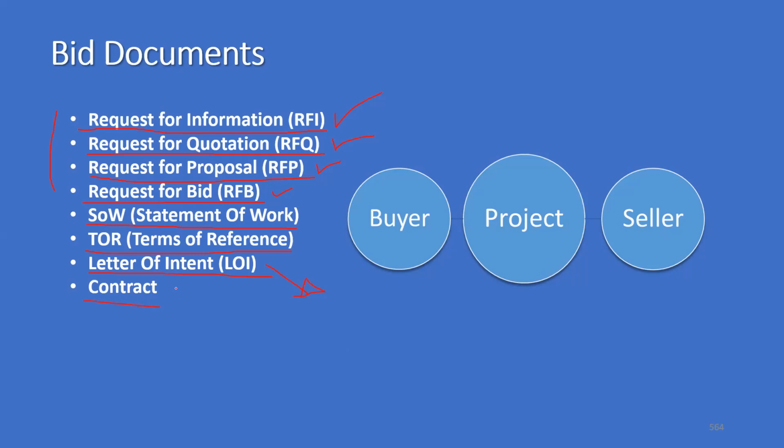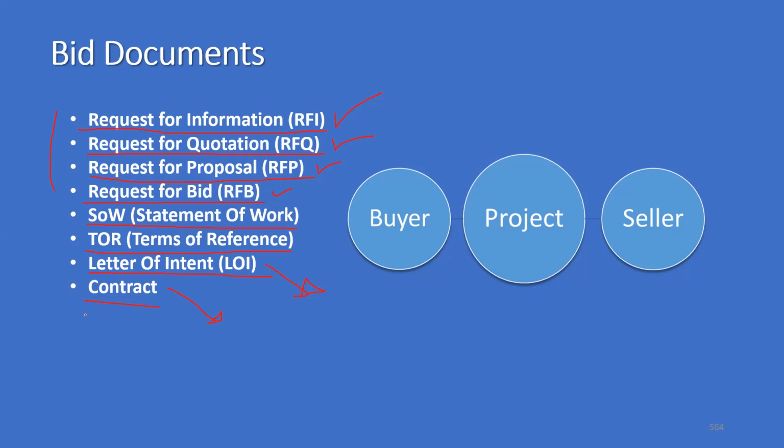Then we have contract. In contracts, there are at least two parties involved, a buyer and a seller, and all the contract requirements must be met, and all the changes to the contract must be in writing. So this is a document with legal binding. If the contract conditions are not met, the parties can sue or take it to the court.